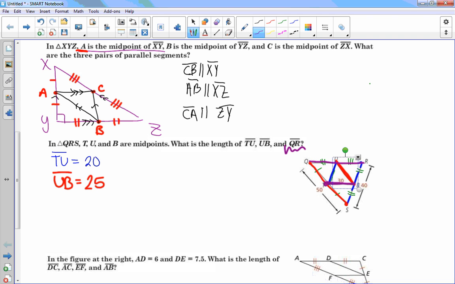Emily, if TB is 30, what's the length of QR? Ah, did she half it this time? No, she doubled it. Why do we double it? Because the middle one is half. So we knew the middle one. We're trying to get the bigger one. So that would be 60. You have to double it. Okay.